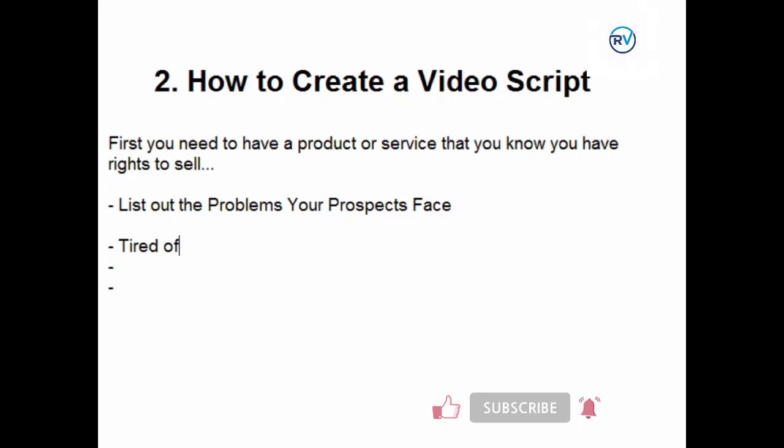So the problems that your prospect is going to face is tired of a big stomach, and you can kind of figure out what kind of emotional hot buttons they're facing. Most of these people want abs because they look better for the summertime or something like that. You could say tired of a big stomach, want to look better for the summer when you go out on the beach.